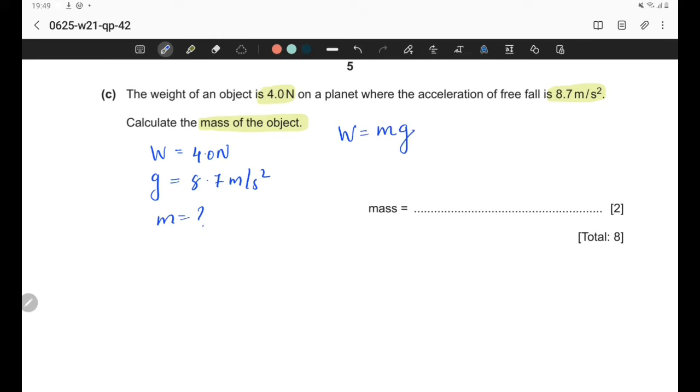In order to calculate mass, we can make mass the subject. So we will get mass is weight over gravitational field strength. We have the values, we can substitute. So weight is 4 Newton divided by gravitational field strength 8.7. So in two significant figures we will get 0.46 kilogram. So the mass is 0.46 kilogram on that particular planet.